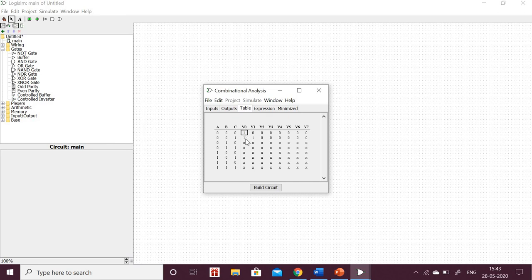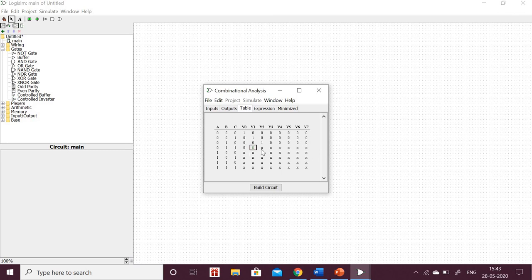Now I am taking this as 1. And in the next case I am taking this as 0. And in the next case I am taking this as 1 and remaining all zeros, because here I have taken 3 inputs and 8 outputs. With y0 to y7 the 8 outputs are there, so I can arrange in this way.